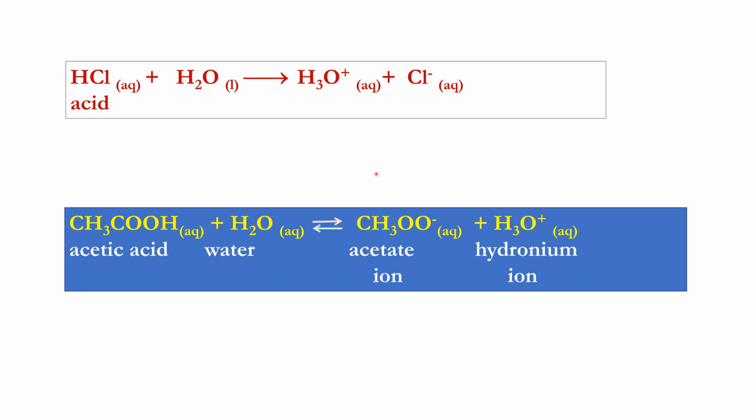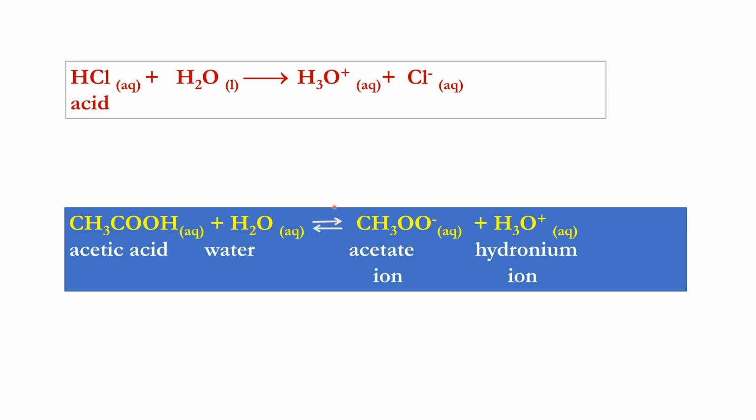But not all acids dissociate completely. Weak acids do not fully dissociate into their constituent ions. An example is acetic acid plus water. It will form acetate ion plus hydronium ion. So this is an example of a weak acid that does not fully dissociate into its constituent ions.